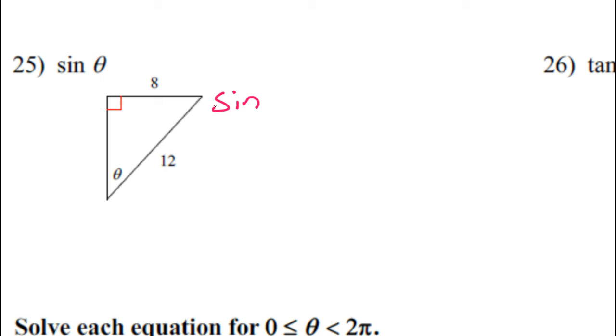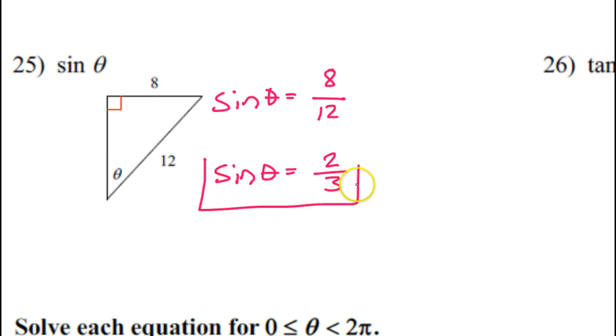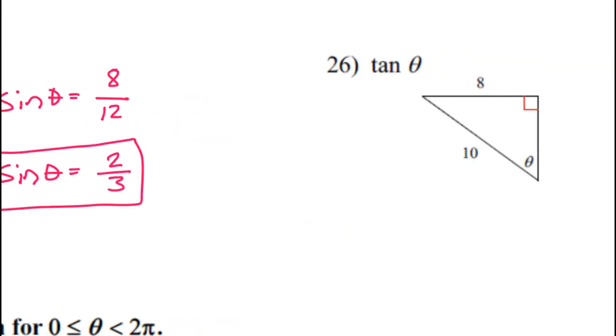So sine of theta is going to equal opposite over hypotenuse, so that's 8 over 12. I would just reduce that. Both of these are divisible by 4, so this would be 2 over 3. All right, that was pretty easy.